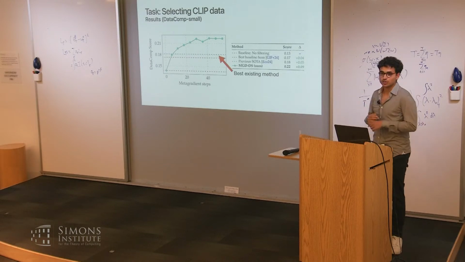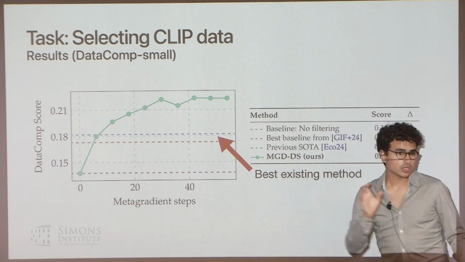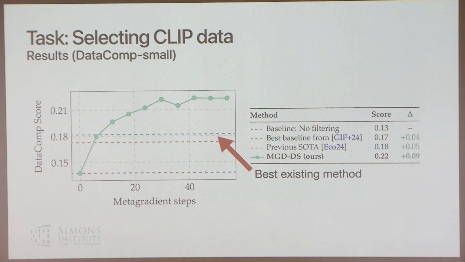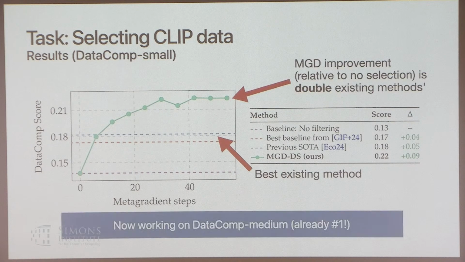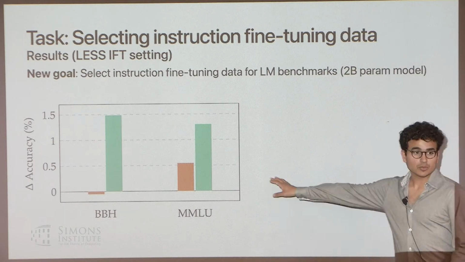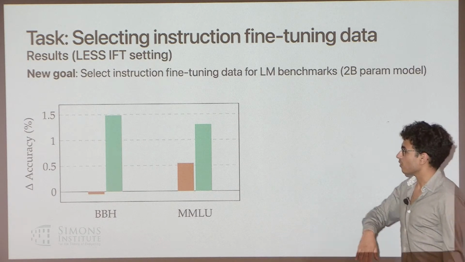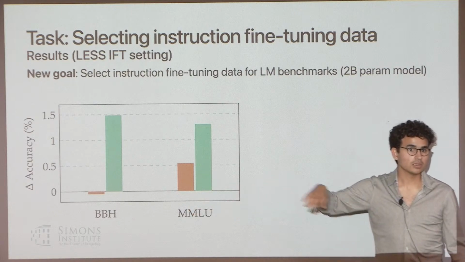I'll talk about this more towards the end, just because the compute that you use to do the data selection, and this is generally true of data selection methods, is often non-trivial. And here, 40-something, or I guess you could get away with 20-something, metagradient steps basically means training the model 20 times over, which is often not great for performance. The exception to that is actually here, where even if you keep training for longer and are compute unconstrained, it's actually hard to improve on training on the full data.